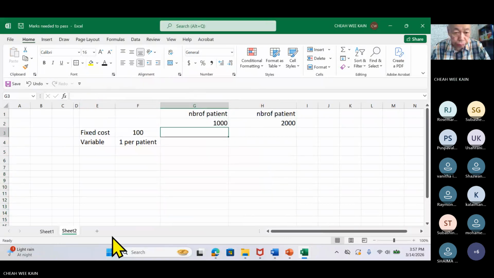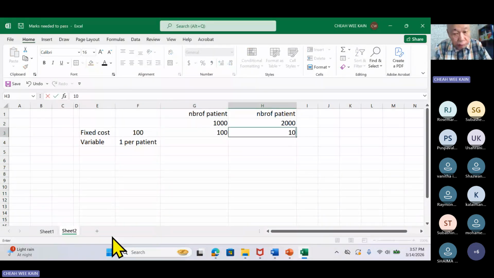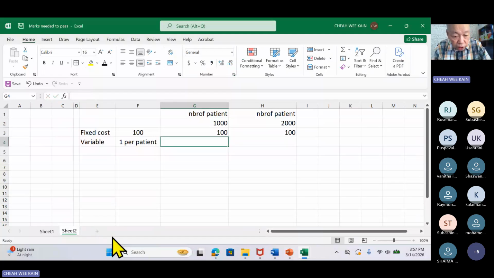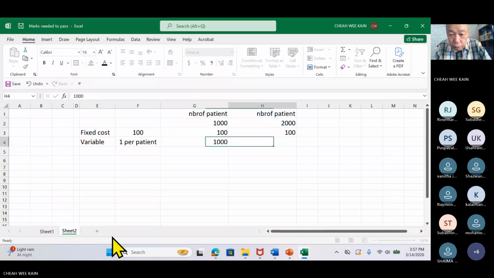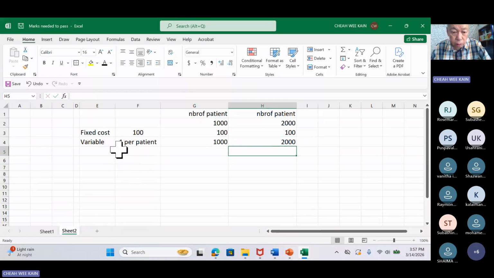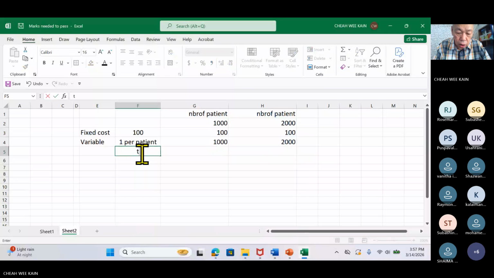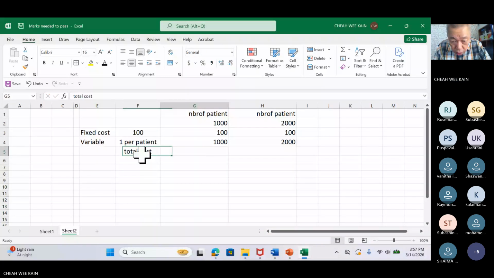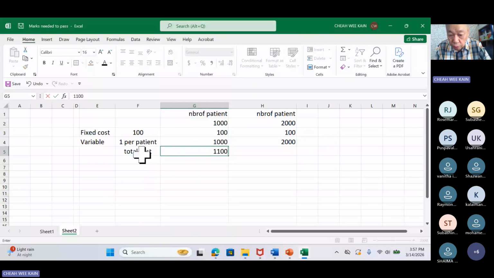So what do you pay? Fixed cost still the same. What about variable cost? It is $1, 1 times 1,000, 1 times 2,000. So what's the total cost then? 1,100, 2,100.